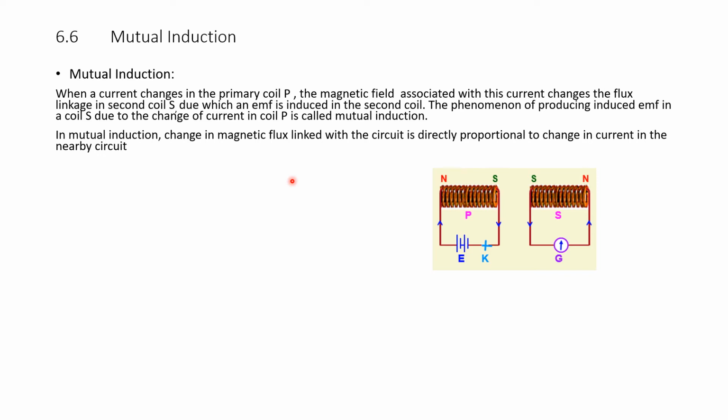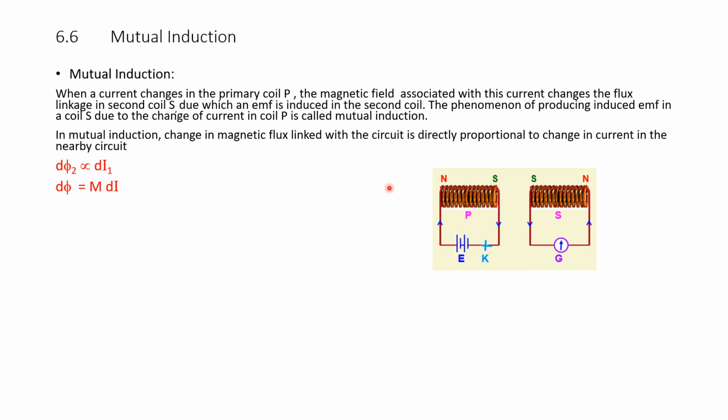In mutual induction, the change in magnetic flux linked with the circuit is directly proportional to the change of current in the nearby circuit. Therefore, the flux in the secondary coil, d phi 2, is proportional to dI1, where d phi 2 is the flux in the secondary and dI1 is the change in current in the primary.